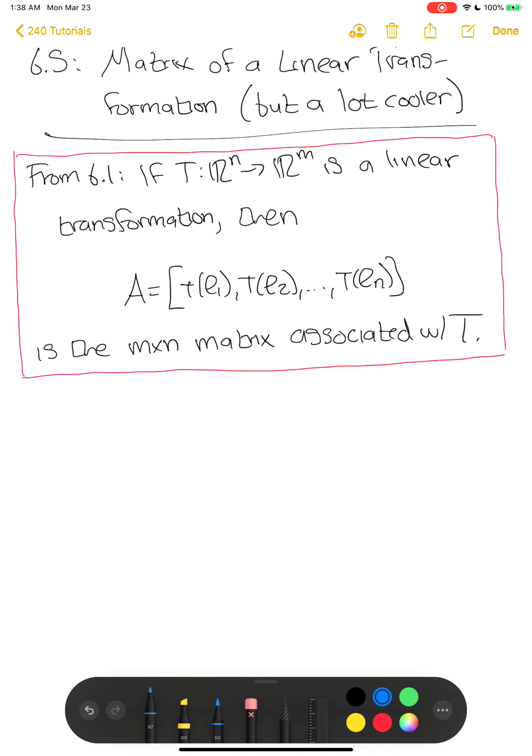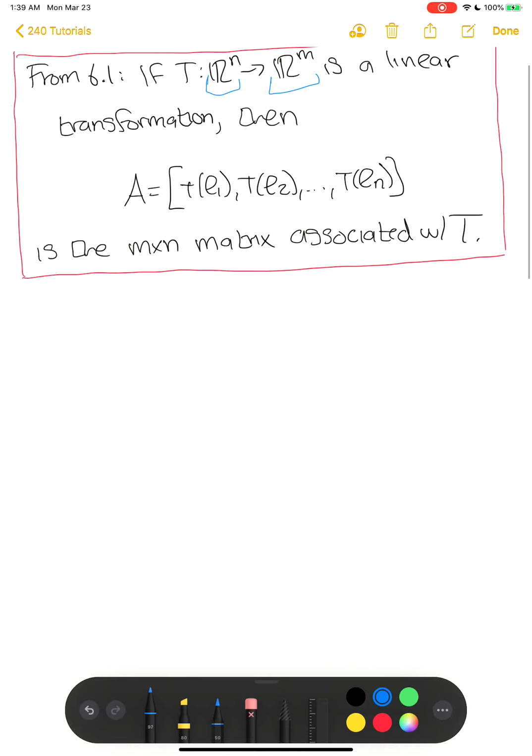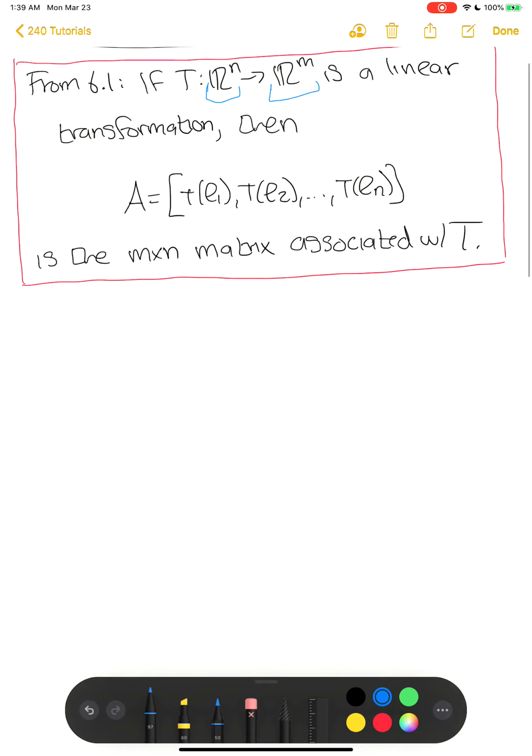So the first is these. In this definition, instead of being able to go from just any arbitrary vector space to another, we're only allowed to go from Rn to Rm.